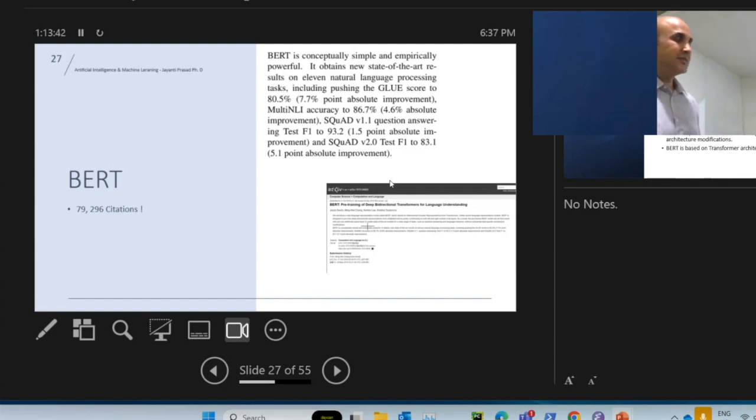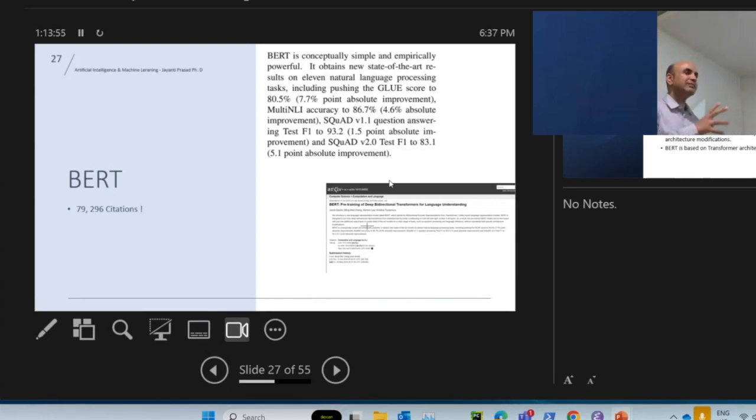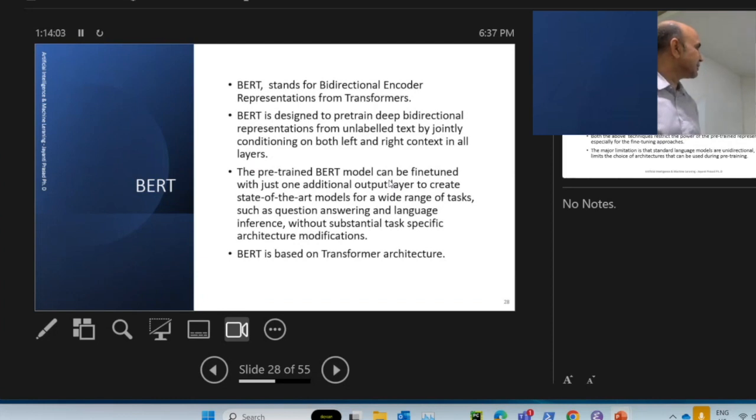What is the GLUE score? It is a benchmarking dataset and mechanism. I also don't have much information, but these are standard benchmarking problems, like SQuAD, the Stanford Question Answering Dataset. So it claims very high performance.